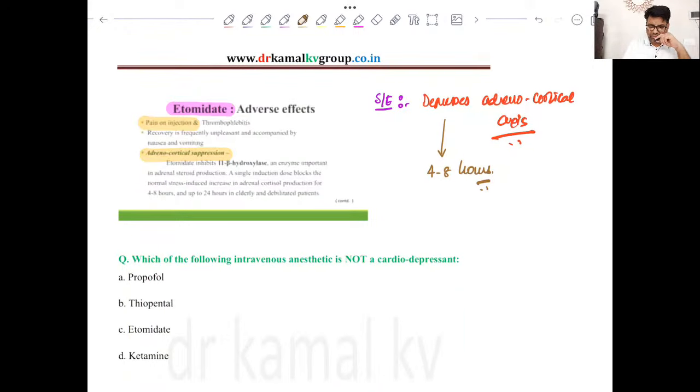Now the next question is about the IV anesthetic agent which is not a cardiodepressant. So, IV anesthetic agent which is not a cardiodepressant.